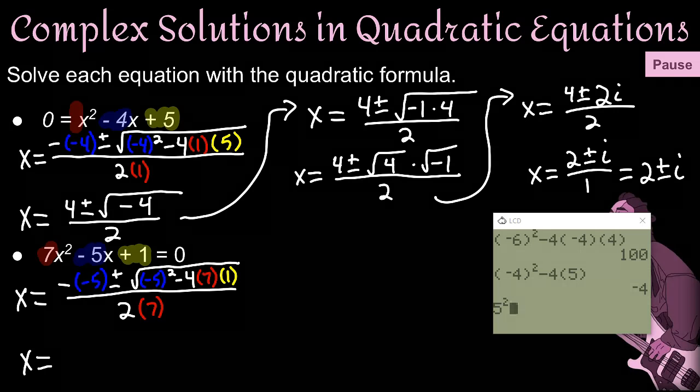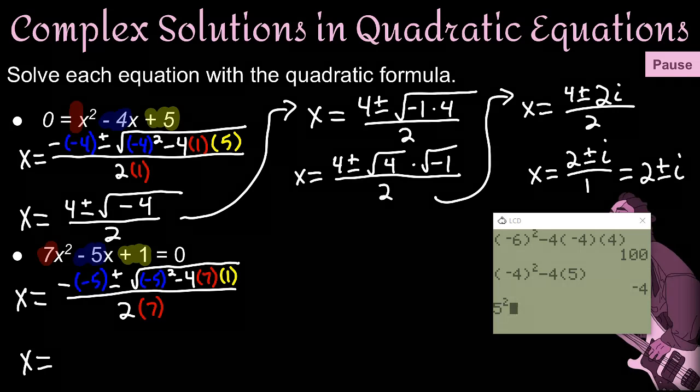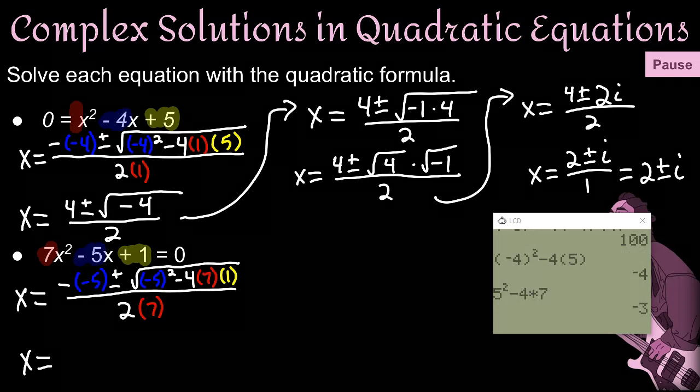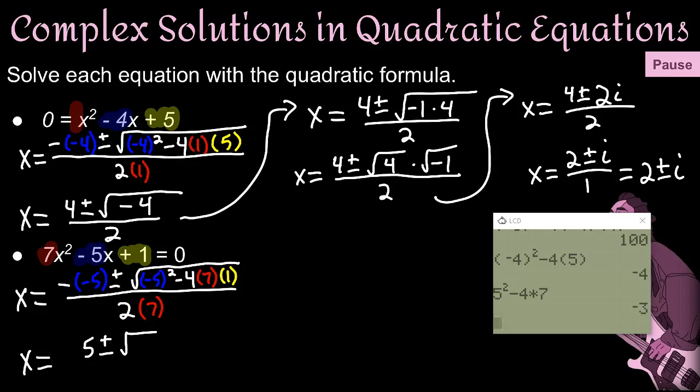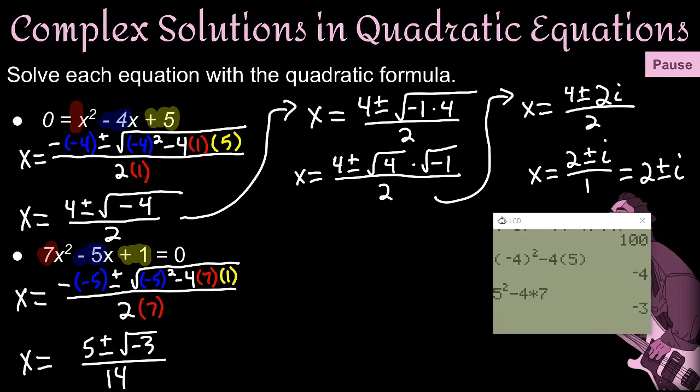I think it's important to write it out as negative 5 squared just as a reminder, but that's one thing you can do. Minus 4 times 7 times 1, which is negative 3. So we have a negative 5 here at the beginning of our quadratic formula, which is 5, plus or minus square root negative 3 all over 14.